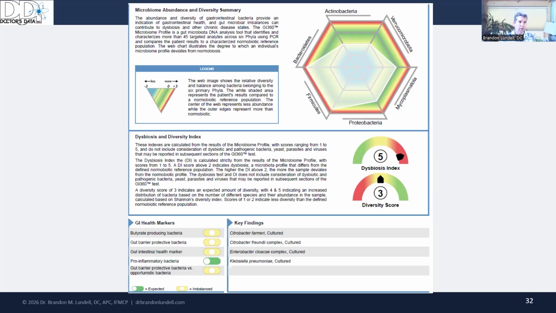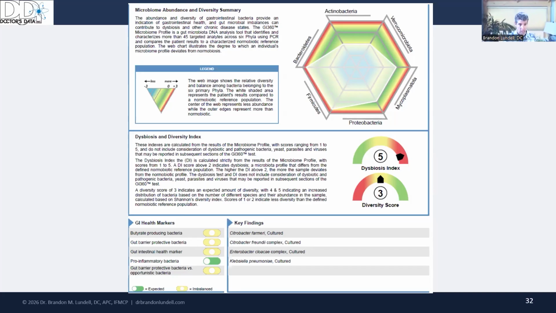Okay. So then you've got the GI health markers down here. What was positive, what was negative, key findings. So you can see this patient, not only does it have an altered commensal microbiome in this hexagon, but it does have Citrobacter and Enterobacter and Klebsiella, which are known dysbionts or pathobionts.